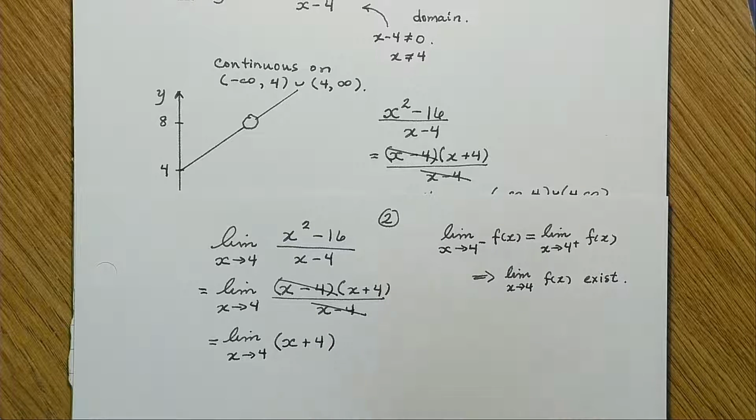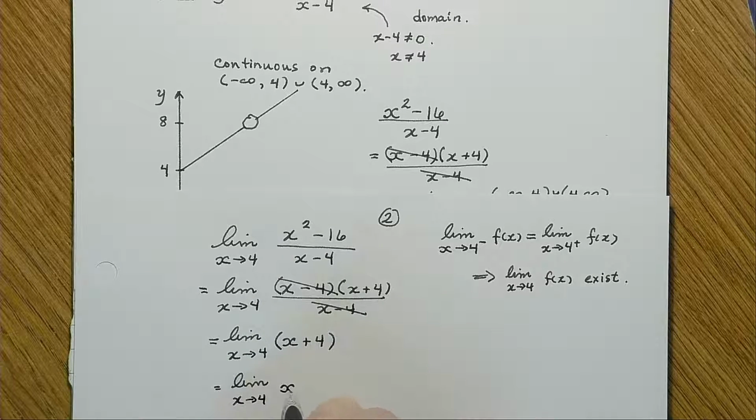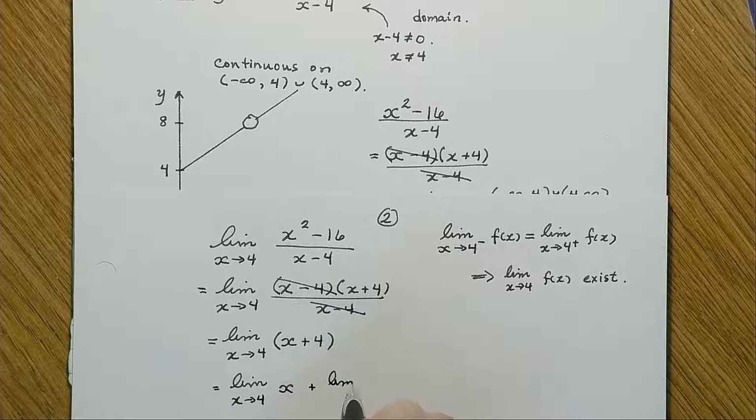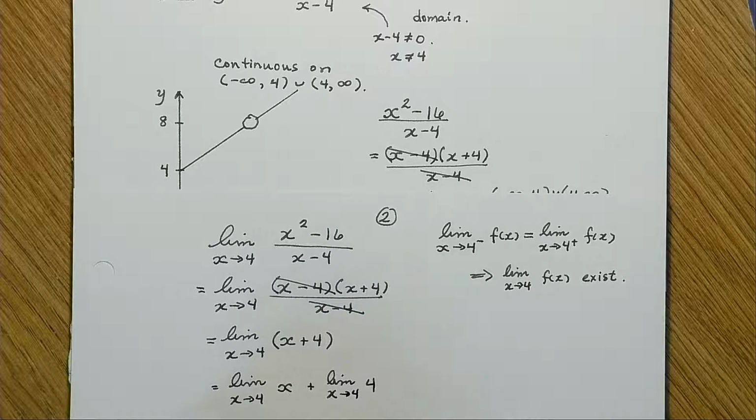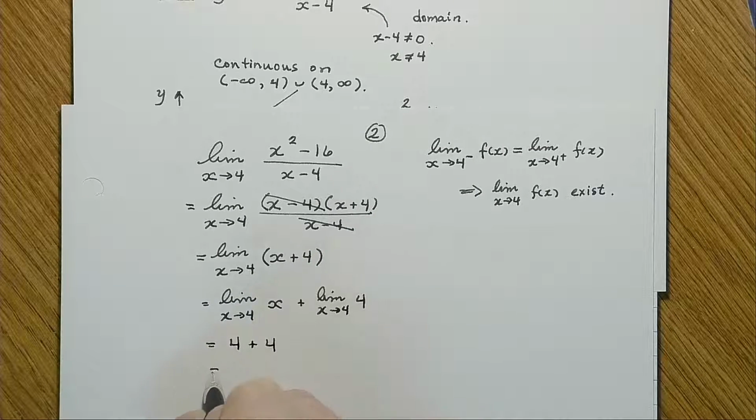I don't have to worry about that. I can actually just substitute now. So if you really wanted to be using your rules at this point, sure, you could do it this way. So 4 plus 4 equals 8.